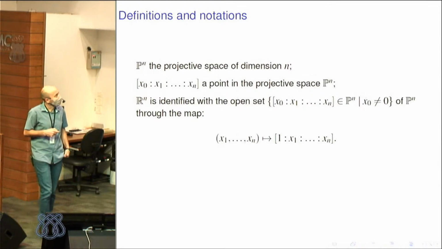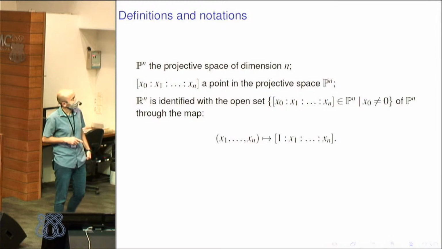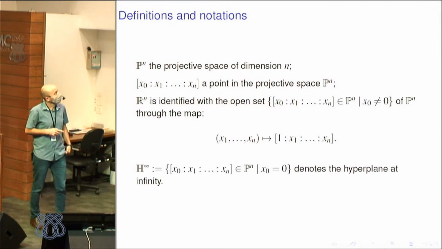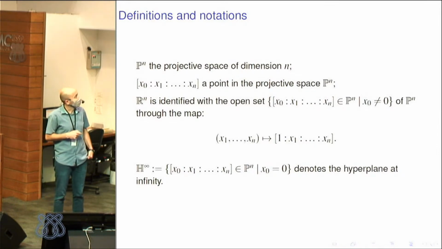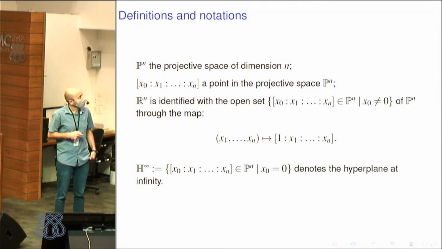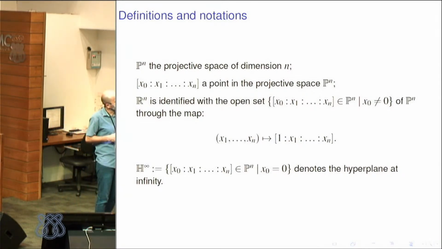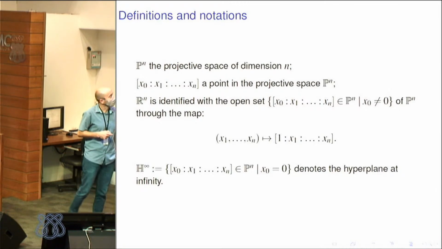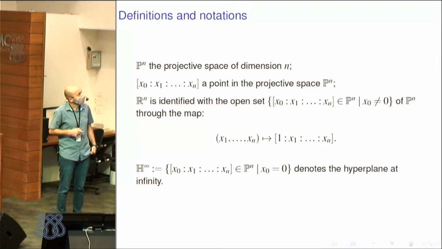With this identification, each point in Rn is considered as a point in Pn. We denote by H infinity all the points in Pn such that the first coordinate equals 0. It is the hyperplane at infinity of Pn.